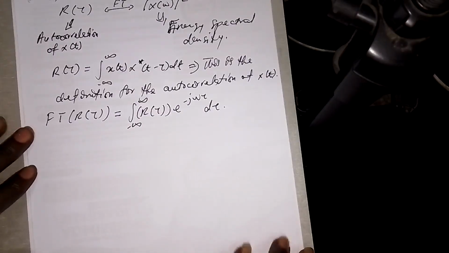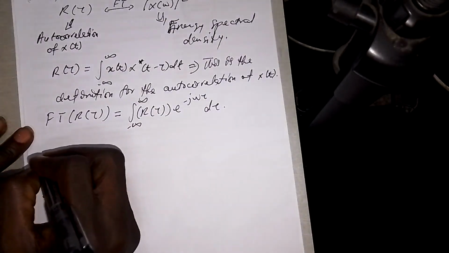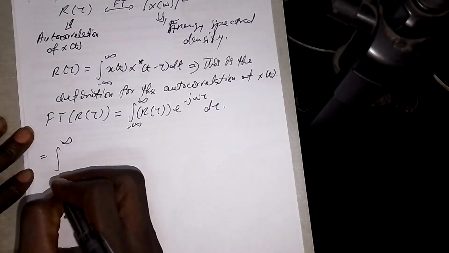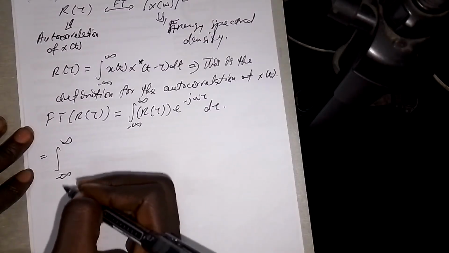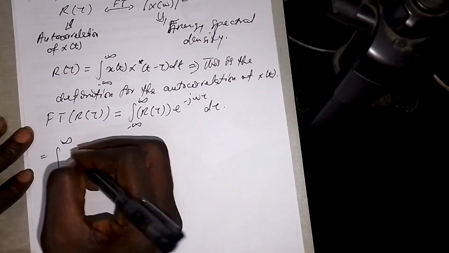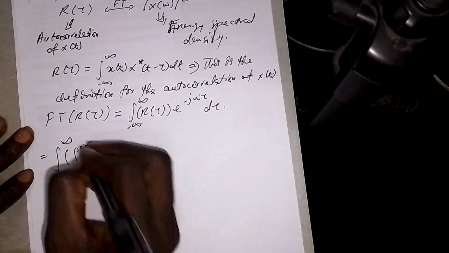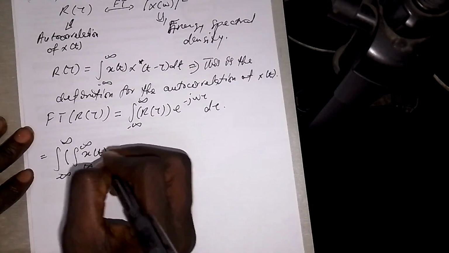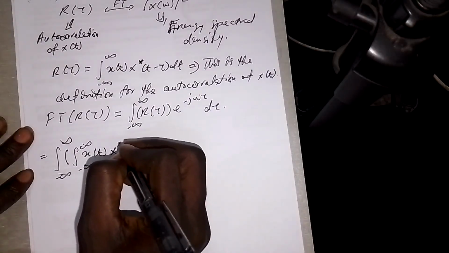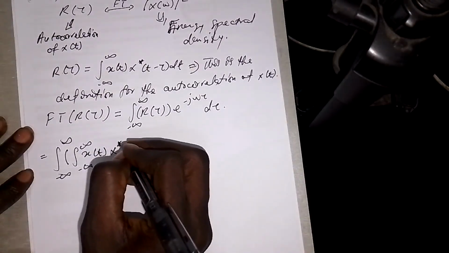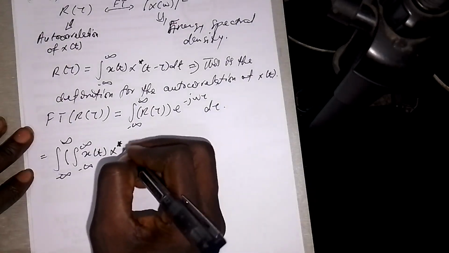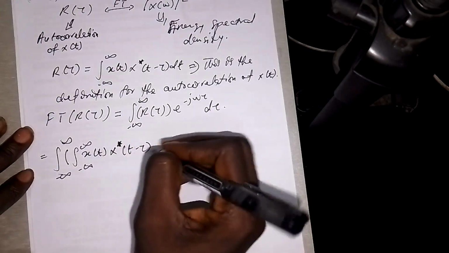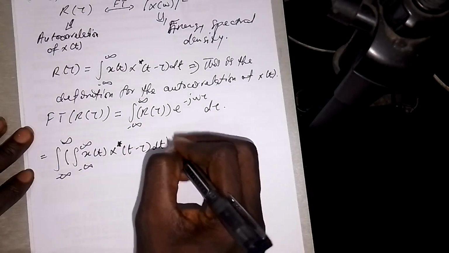Now if I expand and introduce the r of tau, I'll have the integral from minus infinity to infinity of x of tau into x complex conjugate of t minus tau, d tau.